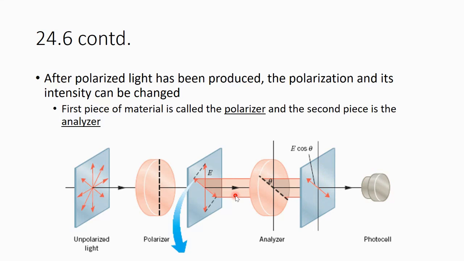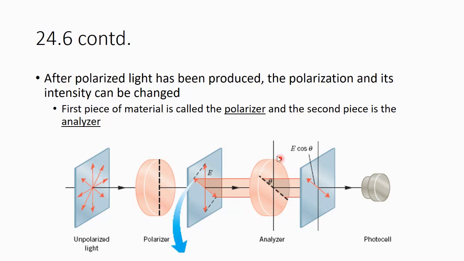So you could have a system of these polarizers. After you first polarize the light, then you can change its intensity and its direction. So we have our unpolarized light. It goes through something we call a polarizer. That will be the first material it goes through. Then that lets the electric field that is vertical here go through. And then we have that light go through another polarizer.